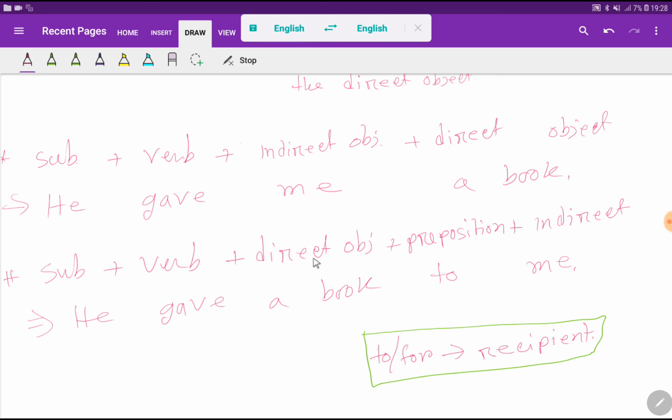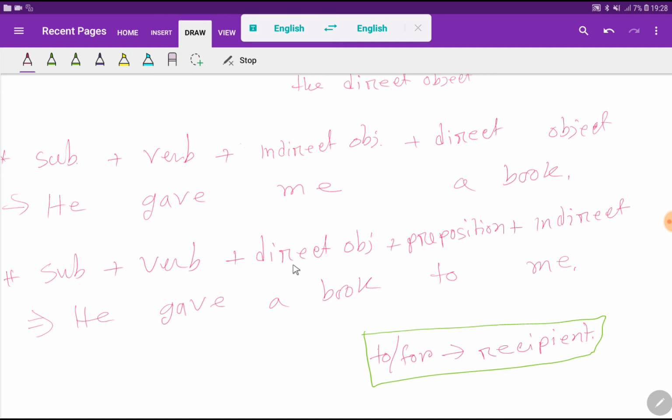Look, subject, verb, then direct object. In place of the indirect object I will put the direct object here, then a preposition, then I will put the indirect object. He gave, then I will take the direct object, that is a book.